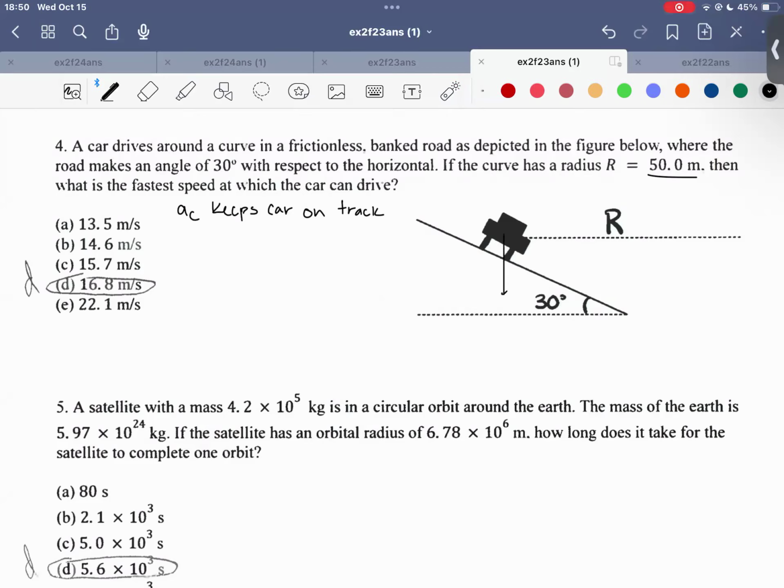And so gravity here, that means when we take our formula, mv squared over r, we're going to be solving for the velocity.